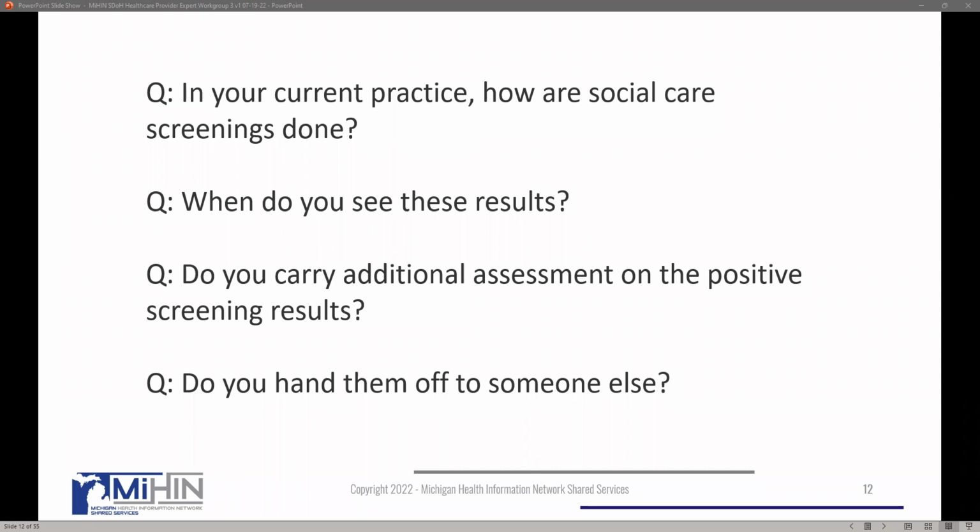And then we centralized the place where all of those positive screens went. That has resulted in a much more successful process than hoping that the medical assistant who roomed the patient also had time to enter the information into MyChart and pend the orders for any referrals, so that the provider is even aware during the visit that they have a patient who has some social needs that have already been identified.